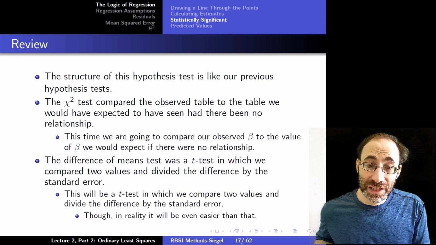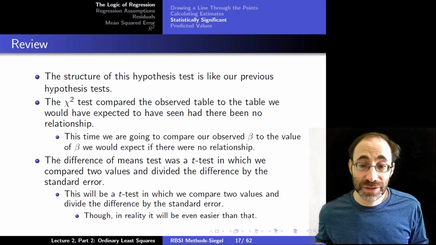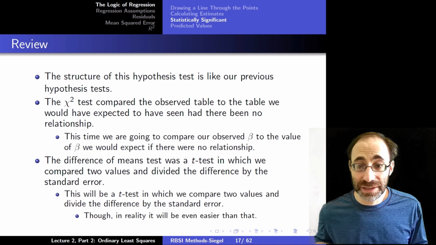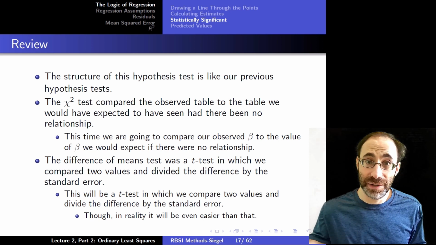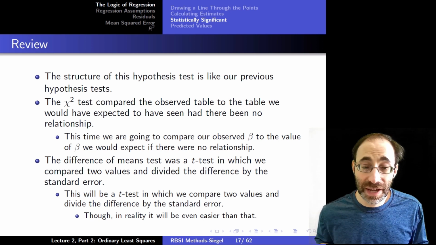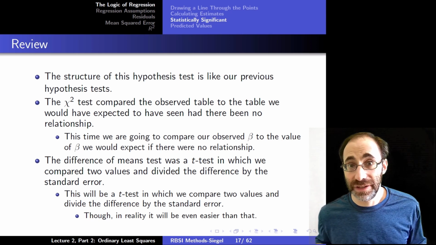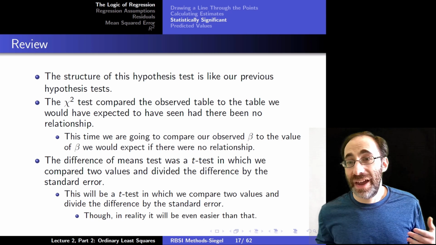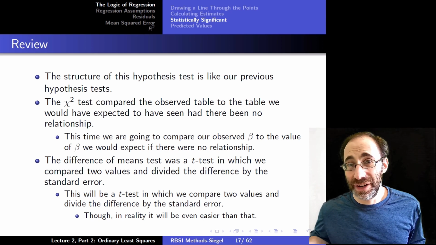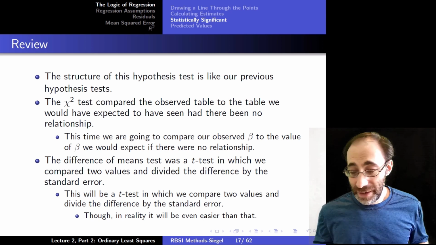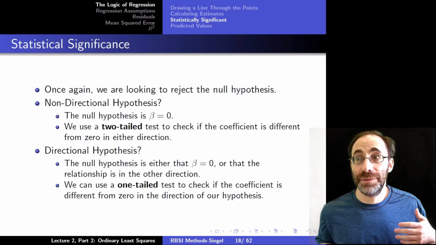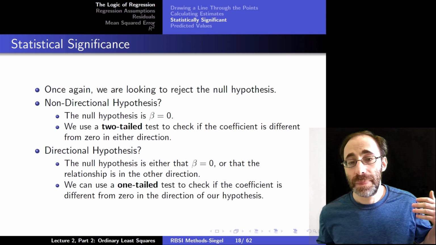In the difference in means test, we did a t-test, which compared two values and divided the difference by the standard error. Here, we're again going to do a t-test, comparing two values and dividing the difference by the standard error. So it's very similar to what we did before in multiple ways. And in fact, it's easier because the second value is going to be 0 with no error, so the overall formula is much easier than the difference of means formula.